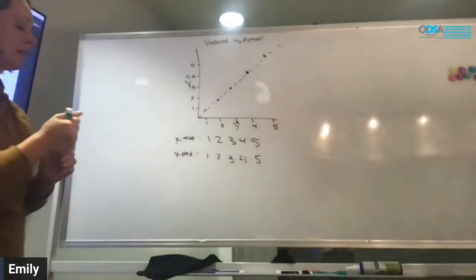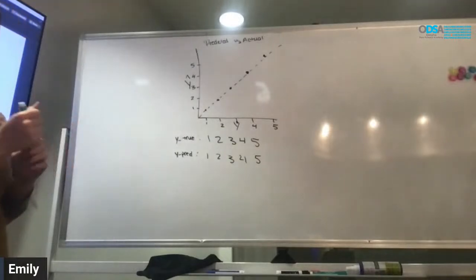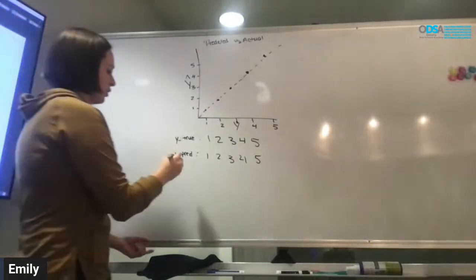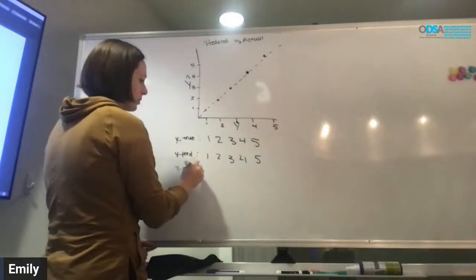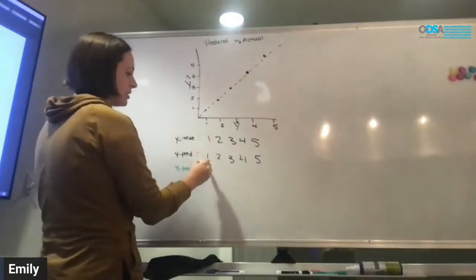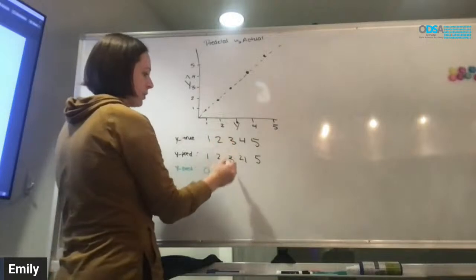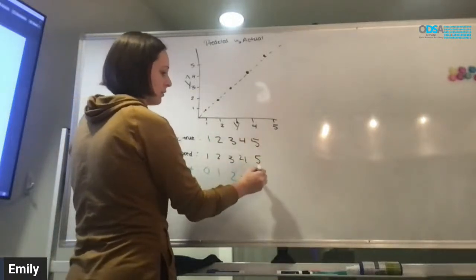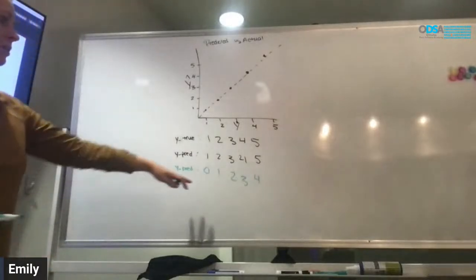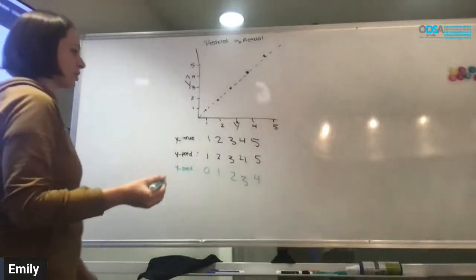Okay, so what if we underpredicted for every single prediction? What if instead our y pred, we underpredicted, and when it was 1, we predicted 0. When it was 2, we predicted 1. When it was 3, we predicted 2. When it was 4, we predicted 3. And when it was 5, we predicted 4. We underpredicted for every single prediction.